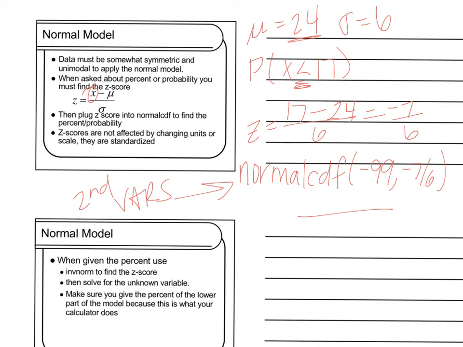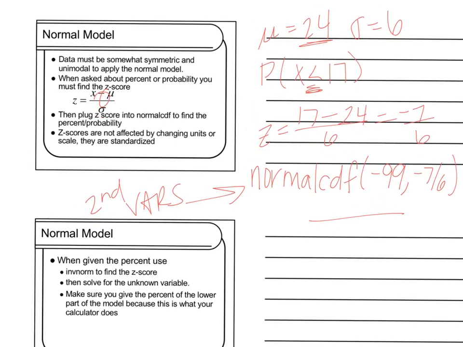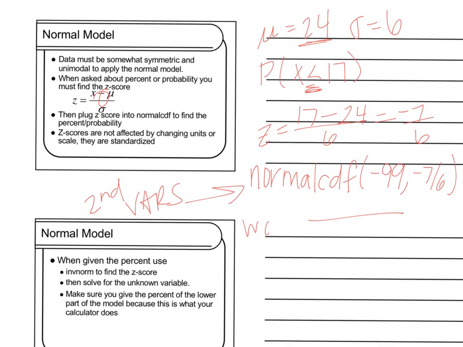Then the other thing we did is we went backwards. We used the inverse of the normal model. What if we wanted to know the worst 25% of cars' gas mileage? If I want to know the worst 25%, I'm going to do inverse norm.